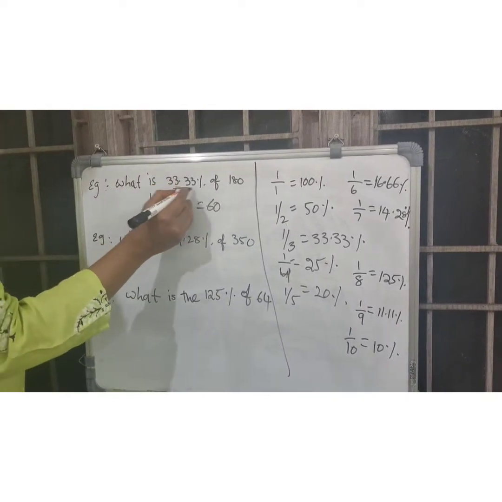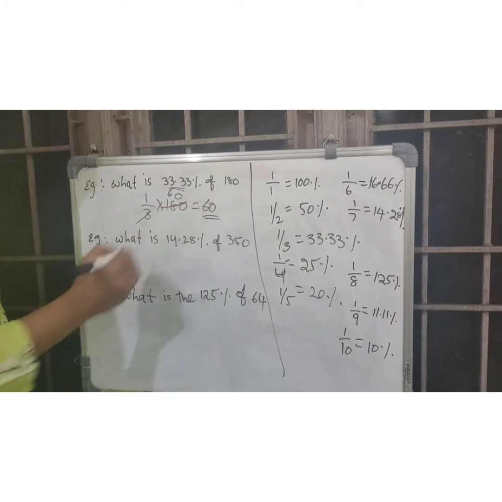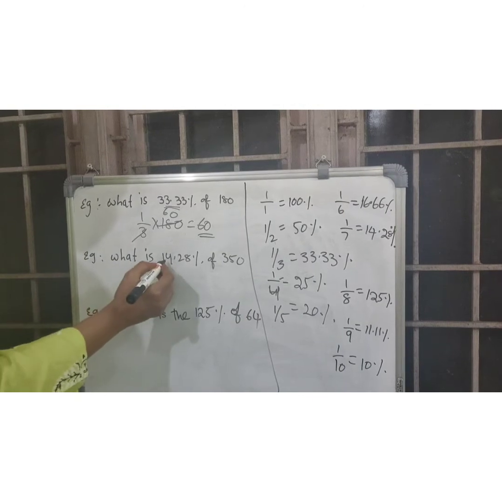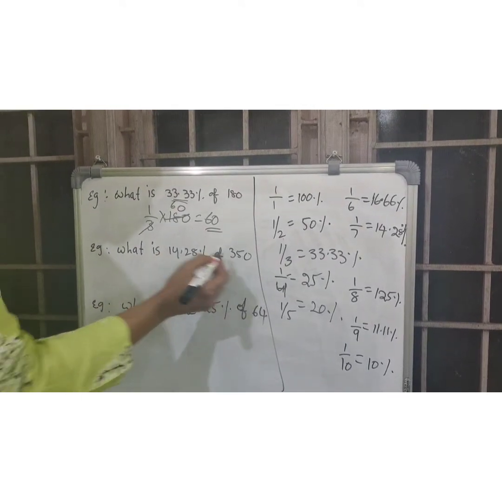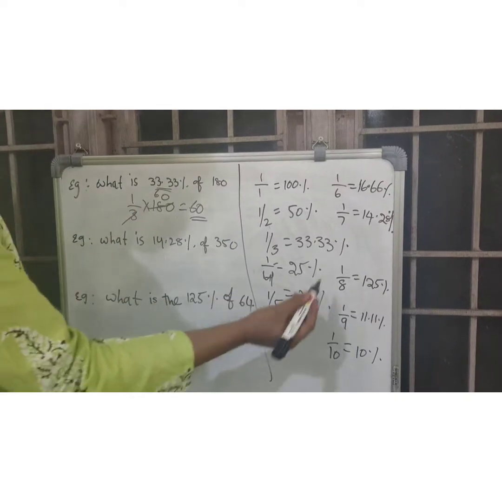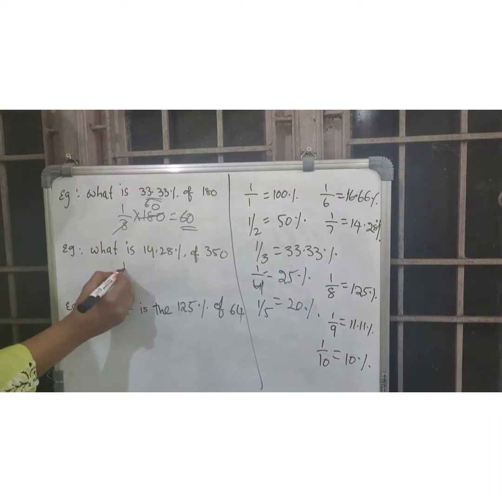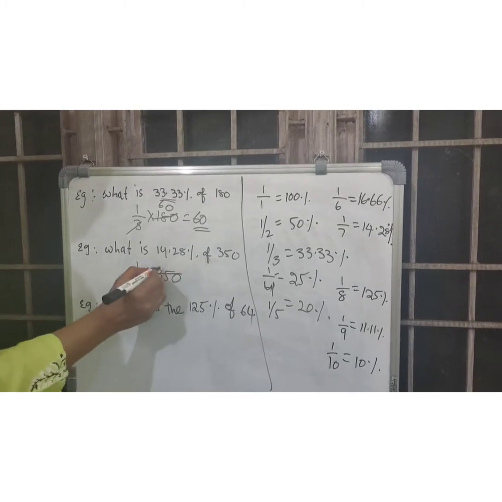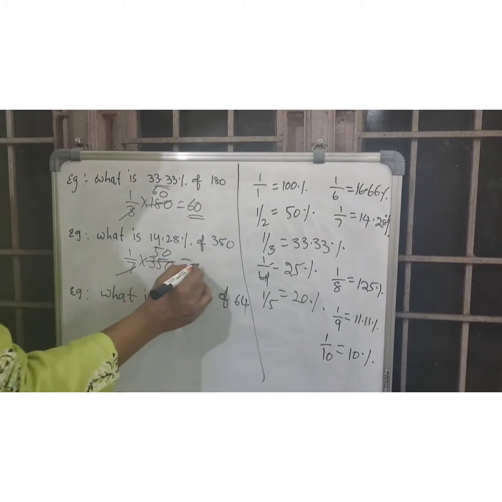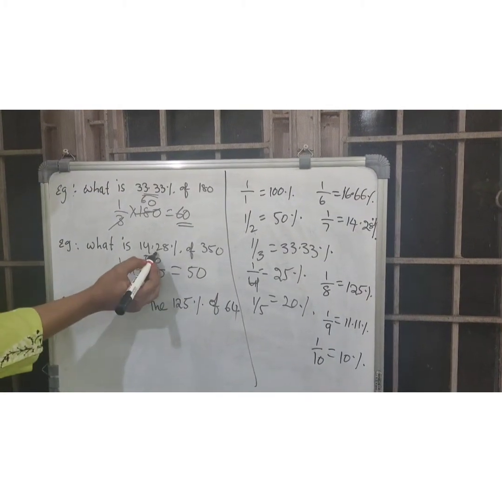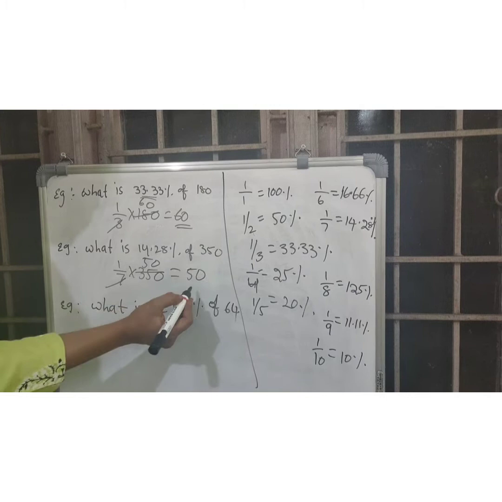Okay, what is 14.28% of 350? In terms of fraction that is 1 by 7. So just write 1 by 7 into 350, which gives you 50.